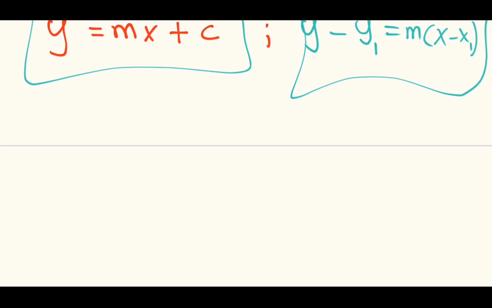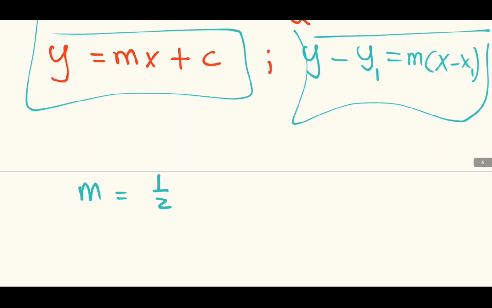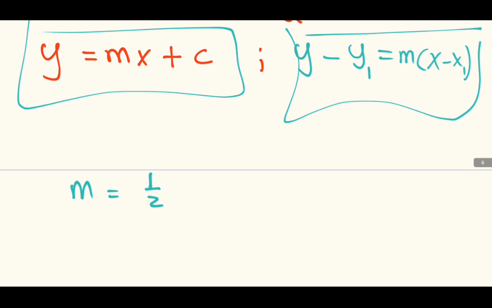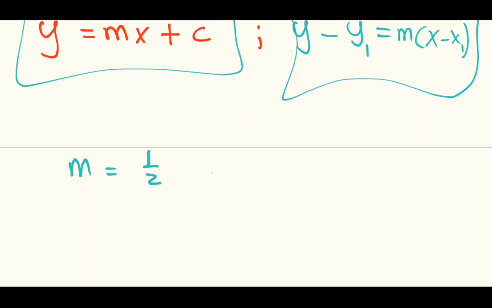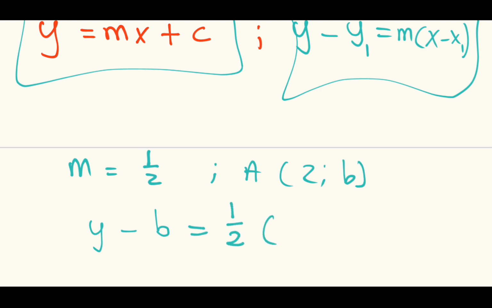So we have m is equal to 1 over 2. And A we were given as 2 and b. So y minus our y1 will be b. We are not given the value of b. And our m is equal to 1 over 2. x minus our x1 is equal to 2.